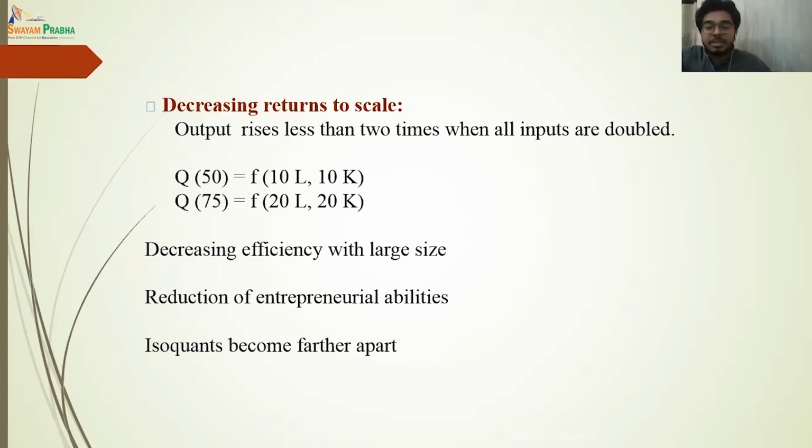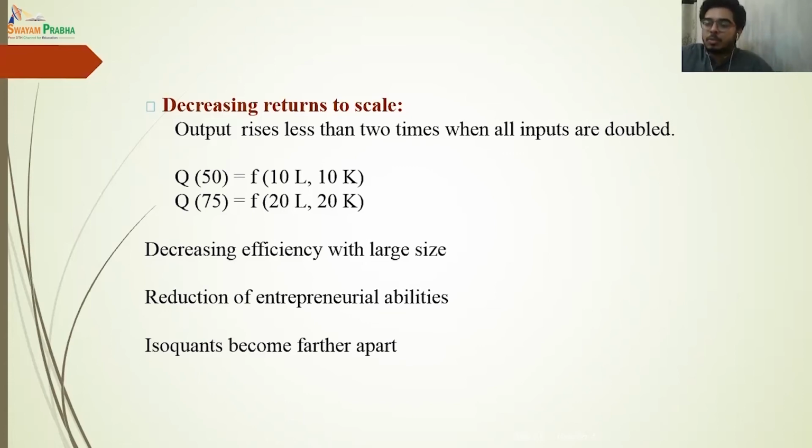If it is not decreasing, well and good. If the production is not decreasing, but the rate at which the production is increasing, that elasticity, is decreasing. And hence, there is also the reduction of entrepreneurial abilities, because I can start a new business and I may not be extremely efficient, and whatever I produce will be lesser in quantity than I was expecting otherwise, right?